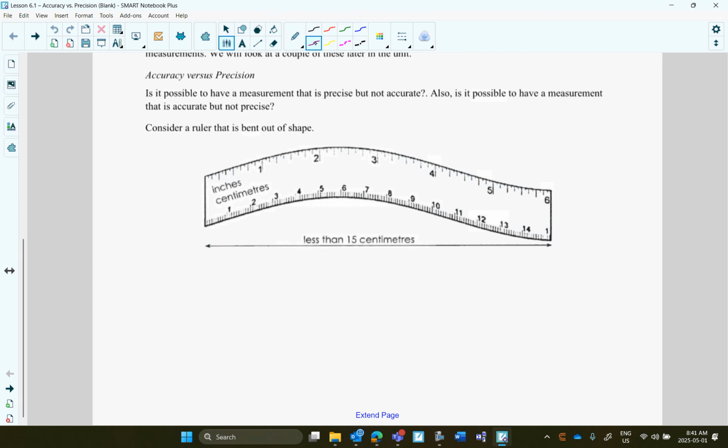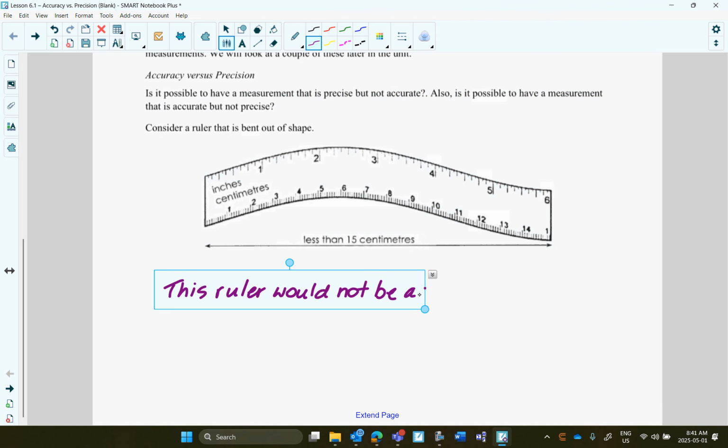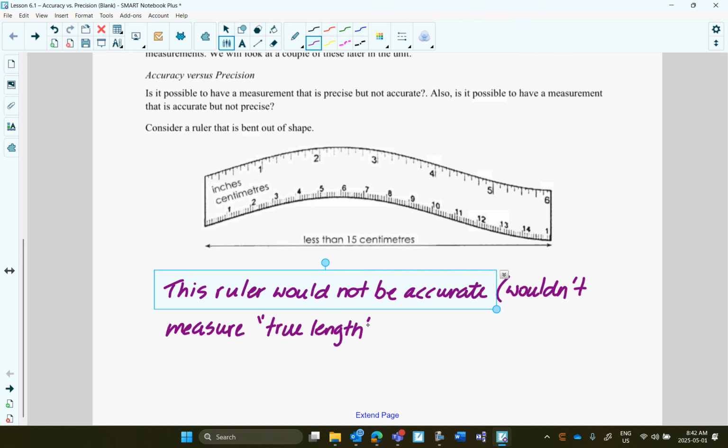So this ruler would not be accurate because it wouldn't measure the true value, or true length, I'll say, because we're talking about length specifically using a ruler.